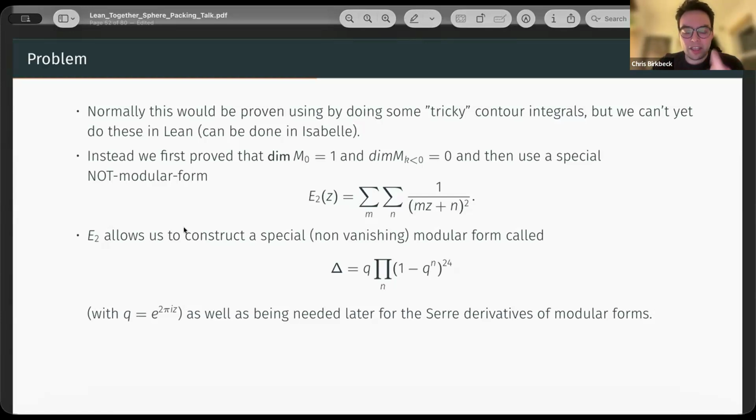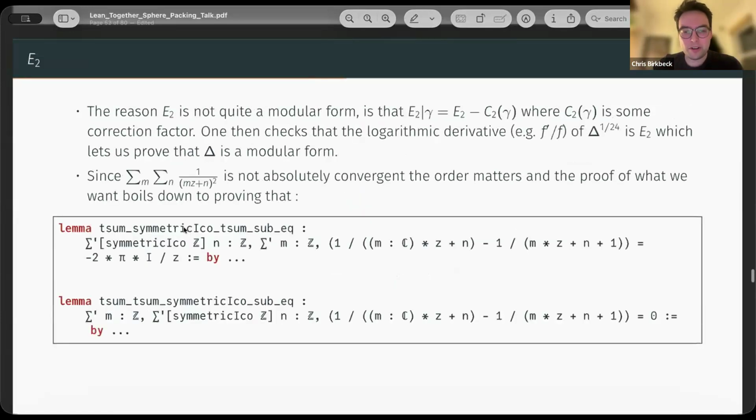And the problem with this not quite modular form is that it's not quite a modular form because of the action of the upper half plane. Here, I'm not sure if you can see my mouse, but if it were a modular form, on the first line it would say E2 slash gamma is just E2. But there is this horrible correction factor that shows up, and that's what breaks it.